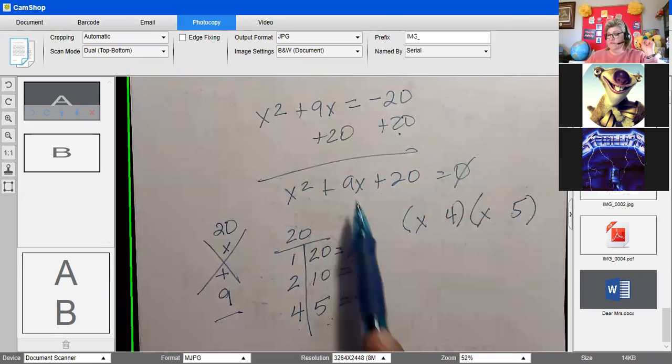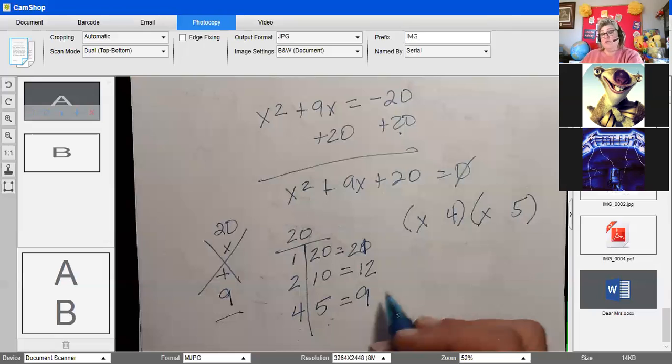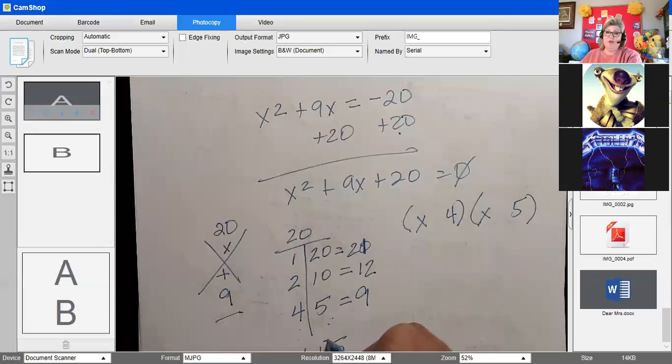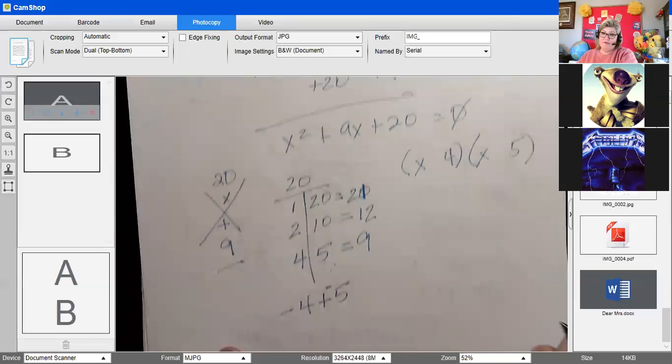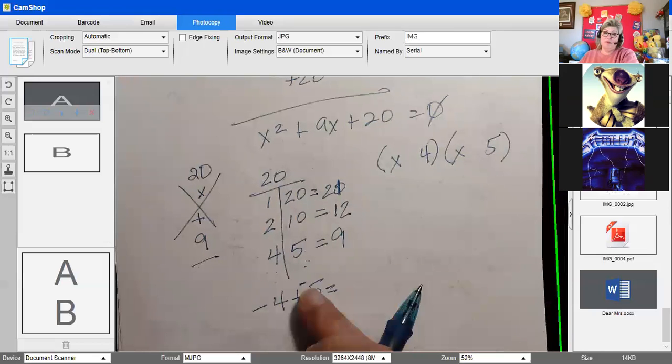To get that positive 9. Well, if they were negative, we would have negative 4 minus 5, which would essentially be plus a negative 5. And so what is negative 4 plus a negative 5?